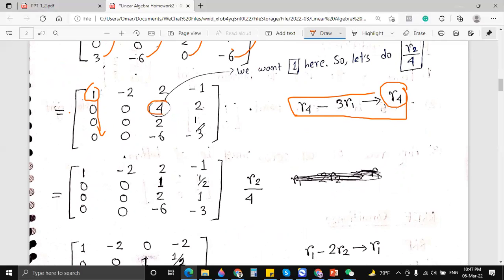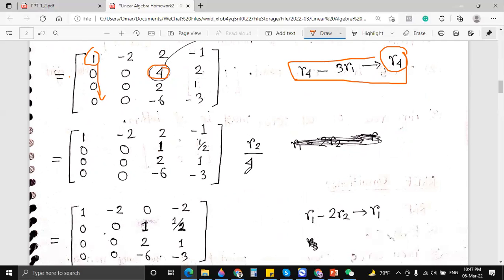That's why I have divided the second row by 4, to make it 1. So if I divide by 4, I get 1 here.